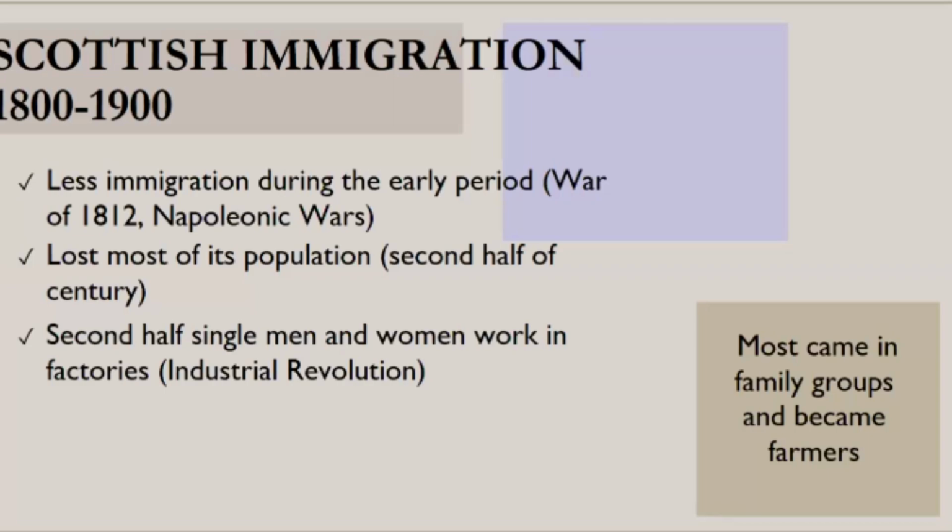It was also the time period where the Industrial Revolution was starting. So a lot of single men and women looking for jobs and looking for opportunities that they weren't finding in Scotland immigrated to the US and started working in factories and such. Any family groups that may have come over during this time period probably settled in regions where they could become farmers and grow crops.